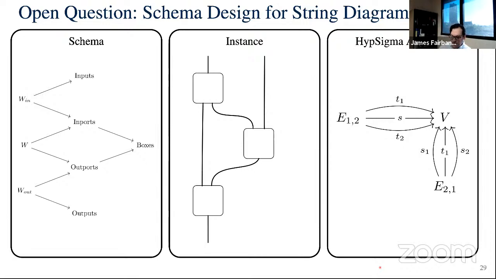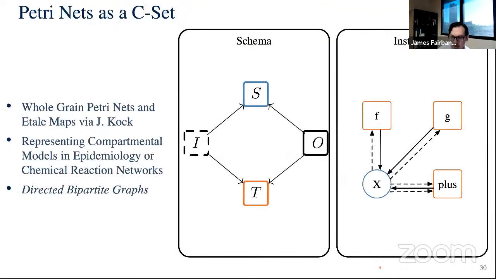This connects back to what I was saying earlier about the different types of products between graphs. This way of encoding a monoidal signature as a hypergraph bakes the arity preserving nature of the morphisms into the schema. Another way of encoding monoidal signatures into CSets was given by Joachim Kock at last year's ACT conference in his whole-grain Petri net paper, and we've been working on this since he presented it.